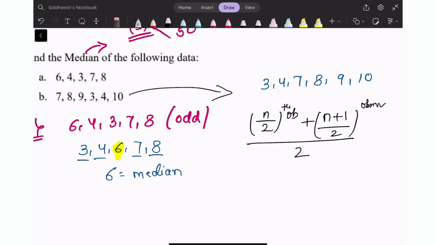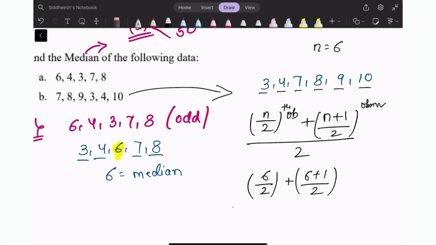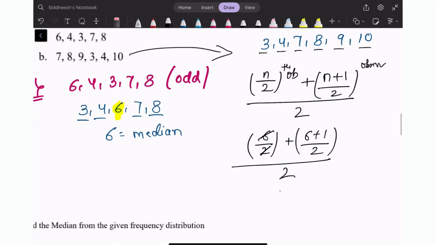Now n is the number of observations. So count it, 1, 2, 3, 4, 5, 6. So your n is 6. So 6 upon 2 plus 6 plus 1 upon 2 observation, upon 2. So this will be the third observation plus the fourth observation, upon 2.